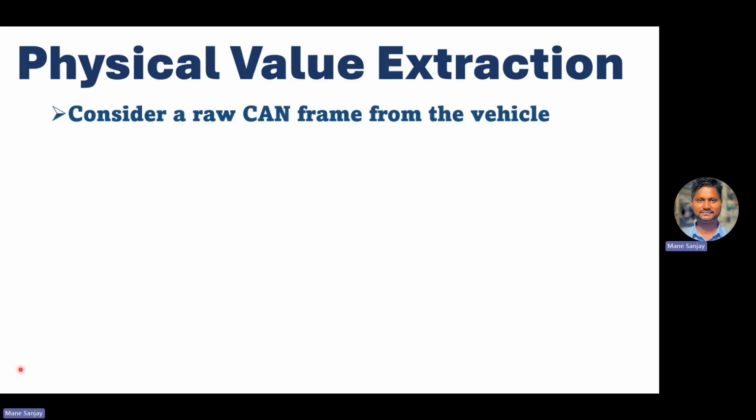So if you have a DBC that contains decoding rules for a CAN ID, you can extract parameters and signals from the data bytes. Each CAN message is described by a CAN ID, name, length, and data field, which contains all the signals.